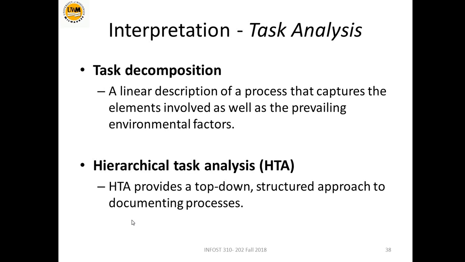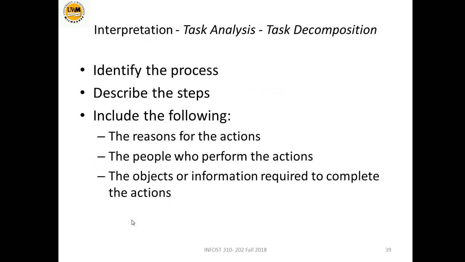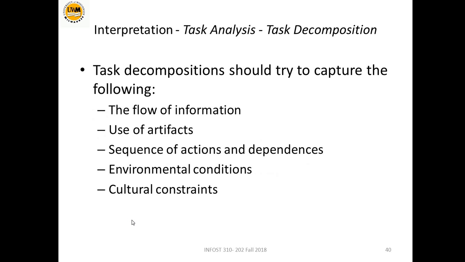We decompose the task, a linear description of the process from A to Z. Okay, we can also perform a hierarchical task analysis, what we call an HTA, that provides a top-down structure. We can divide it into a hierarchy. When we decompose the task, we identify the process, we describe the steps, and include the following: the reasons for actions, who performs them, and the objects that are required to complete the actions.